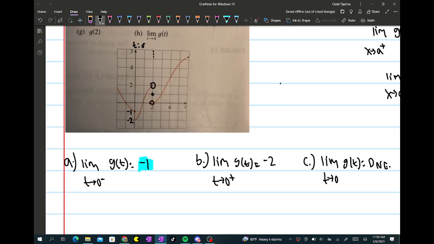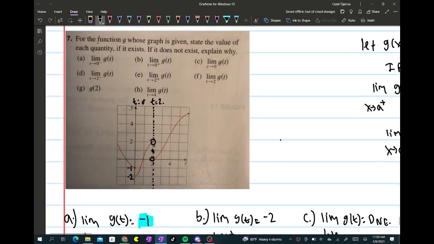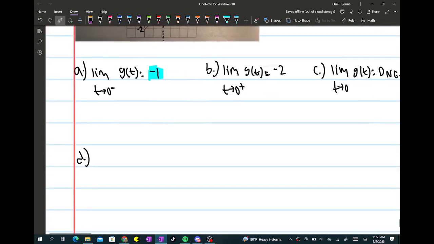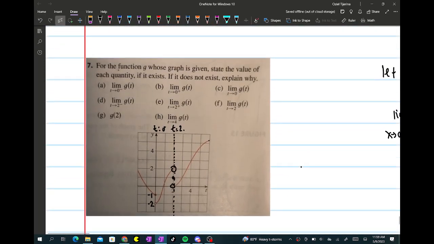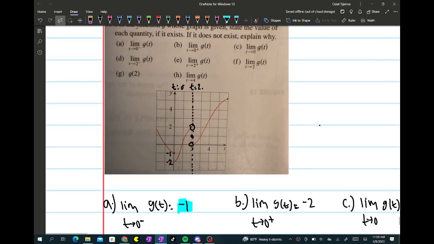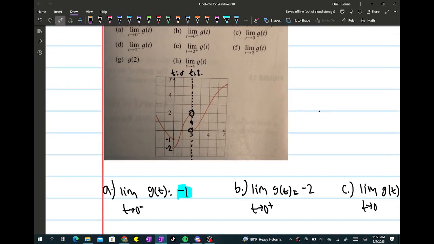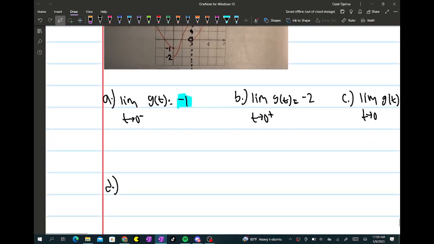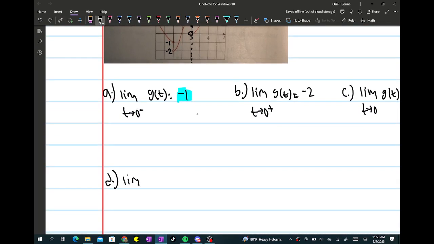And we're looking at this, at t equals 2, right? So this problem tells us, this part D tells us the limit as t approaches 2 from the left of g of t, and we want to know what that is.